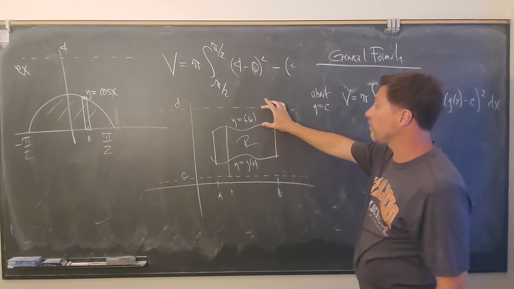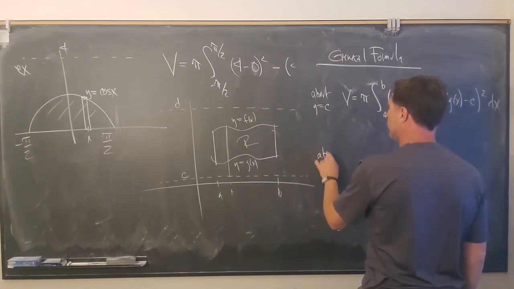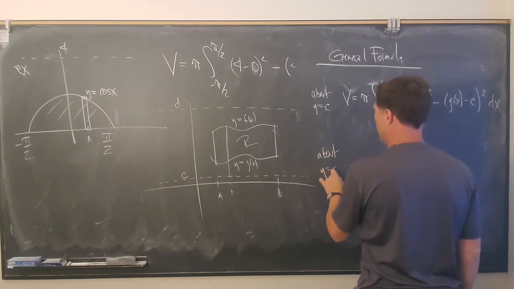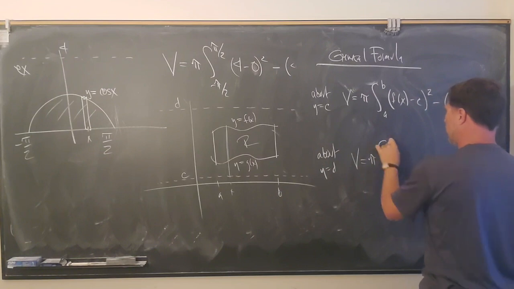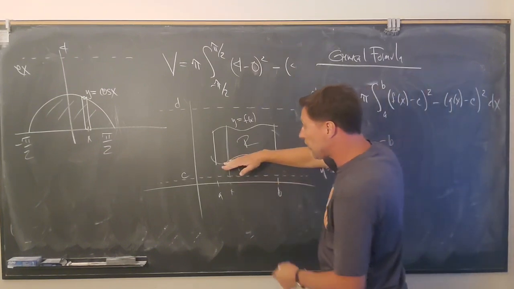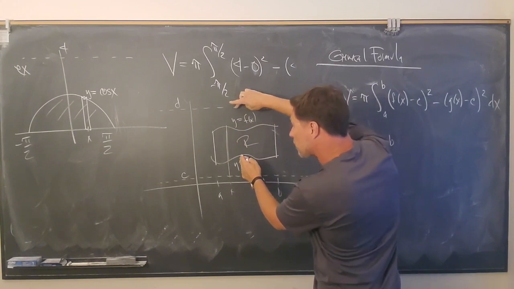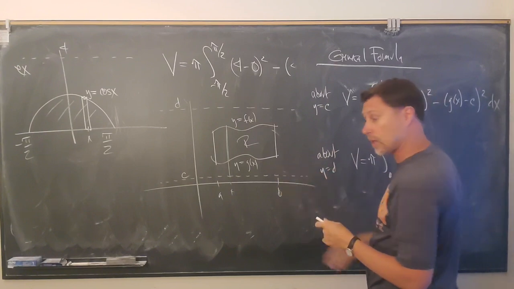We could also revolve about the line y equals d. So if we go about y equals d, we get volume equals pi integral from a to b. Now, the g of x function gives us the outer solid. So what's this distance? Remember, it's larger number minus smaller number to compute the distance.